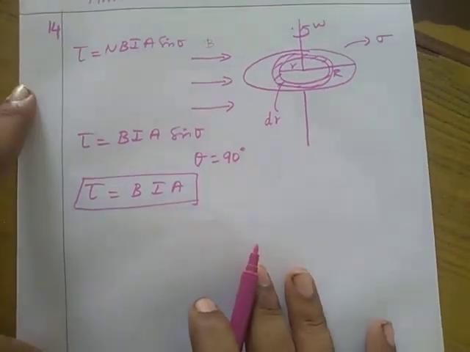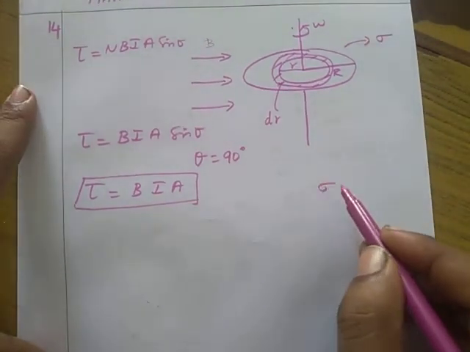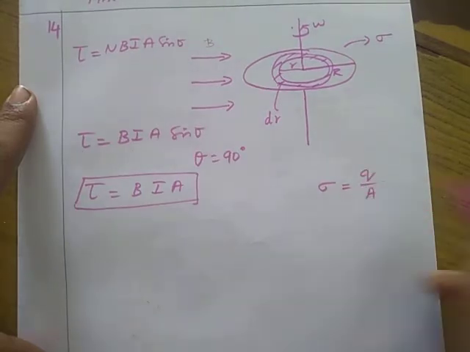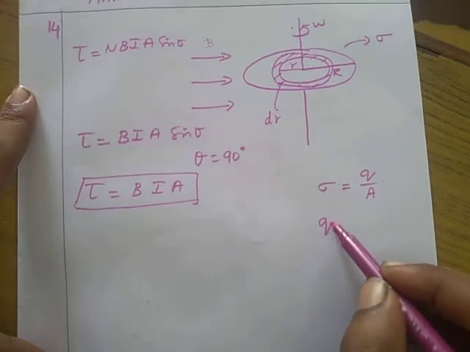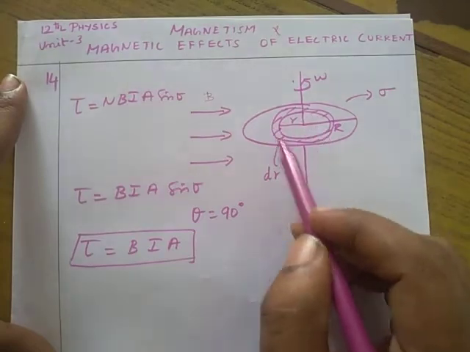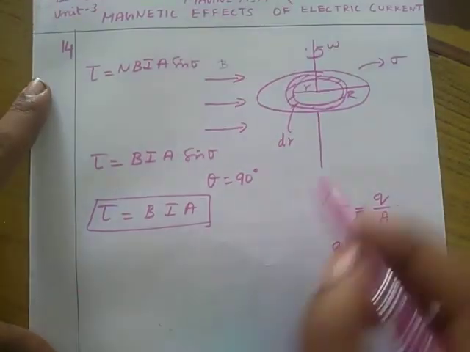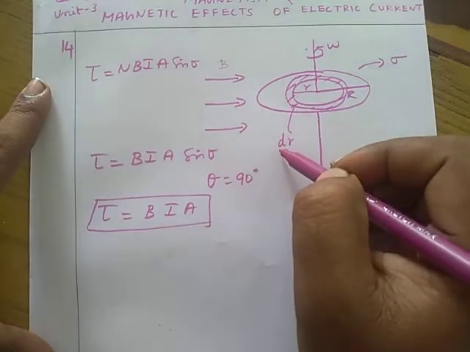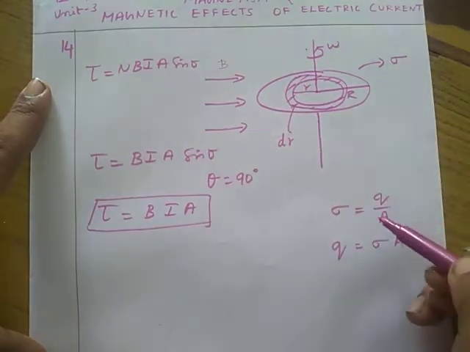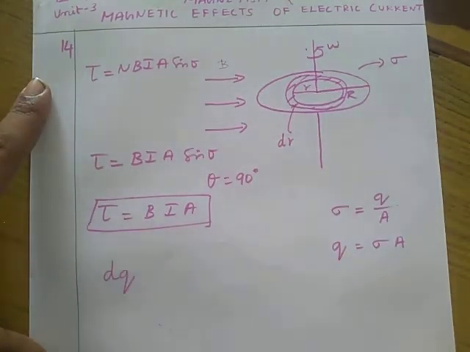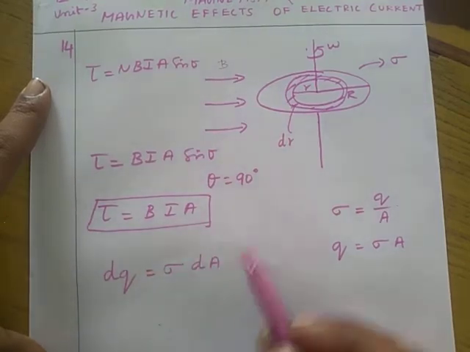We know sigma is the surface charge density, that is sigma equals Q by A. Then Q equals sigma A. In order to find the charge of this segment, which is an infinitesimal segment, the charge is denoted as dq. Then dq equals sigma dA. Here dA is the area of this segment.